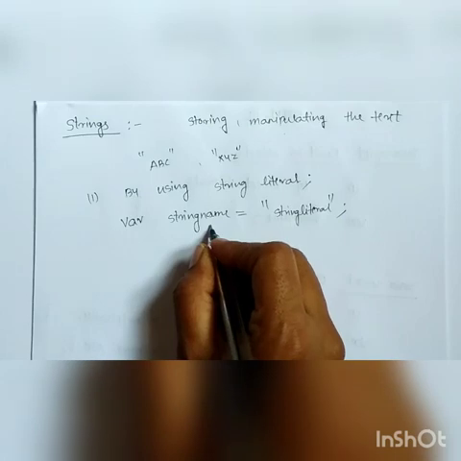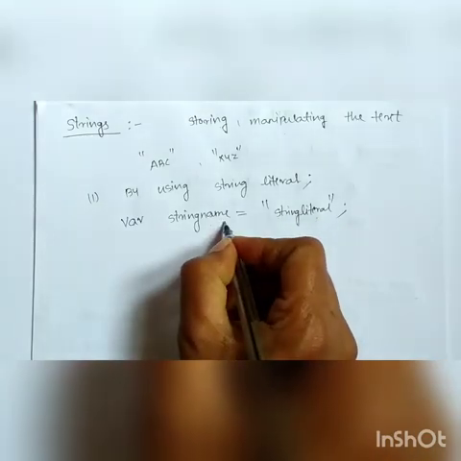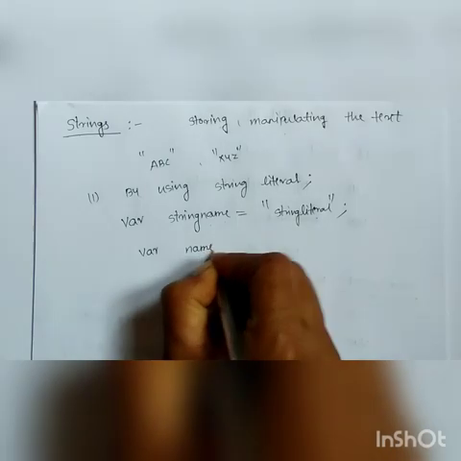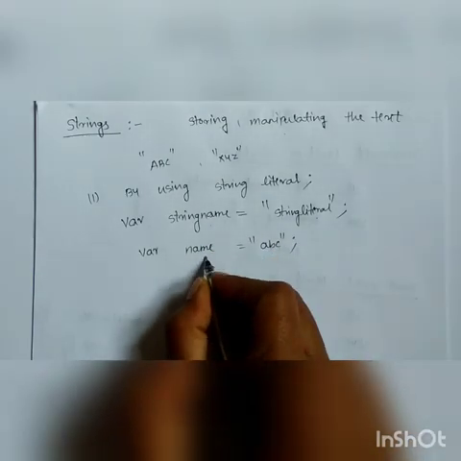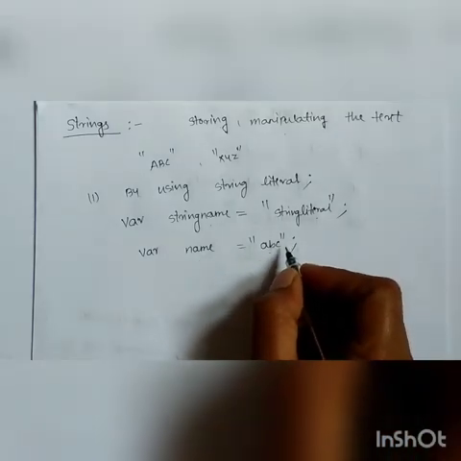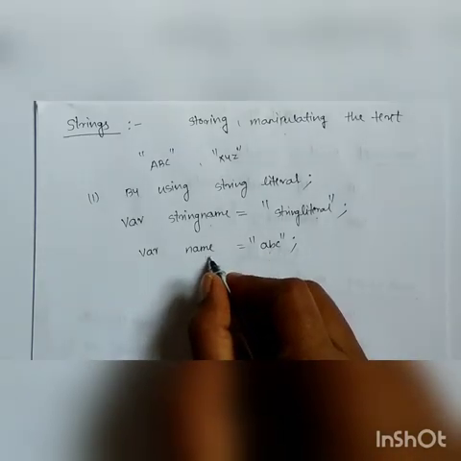String name is an identifier, a variable name. By using string literal we are creating the string object. Let us take an example. Var name is equal to literal ABC. So here name is a string object. What is the value of name here? ABC. By using string literal, we are creating one string. Name is one string.